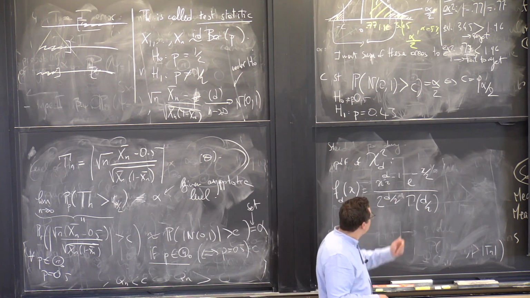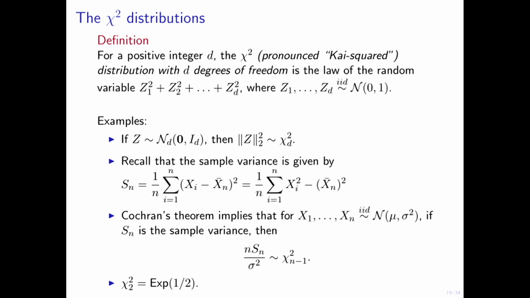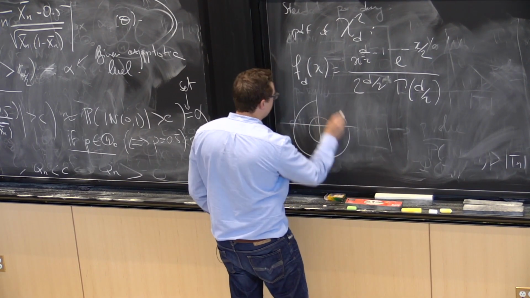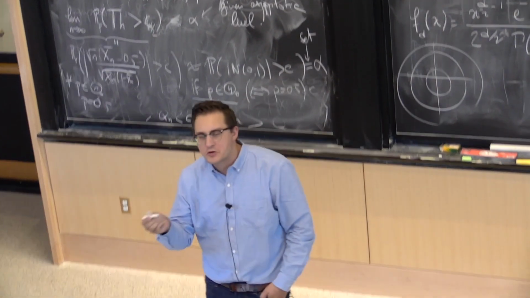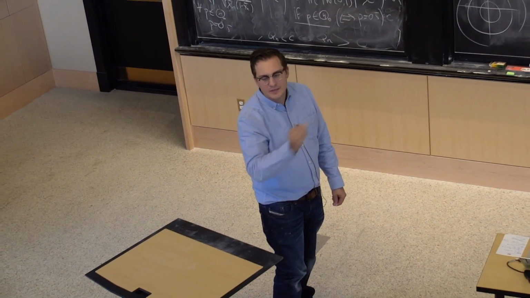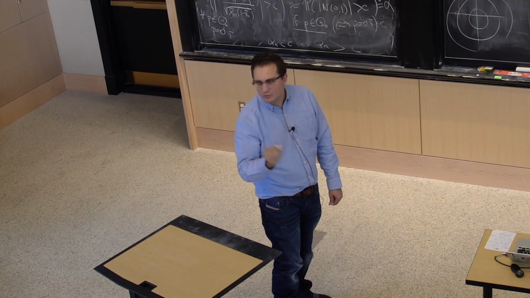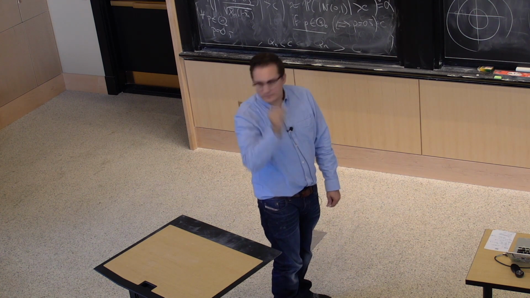OK? So this is the density, but it's better understood as something that you built from standard Gaussians. For example, an example of a chi-square with 2 degrees of freedom is the following. Let's assume I have a target like this, and I don't aim very well. I'm trying to hit the center, and I'm going to have a deviation which is standard Gaussian left-right, and a standard Gaussian north-south.